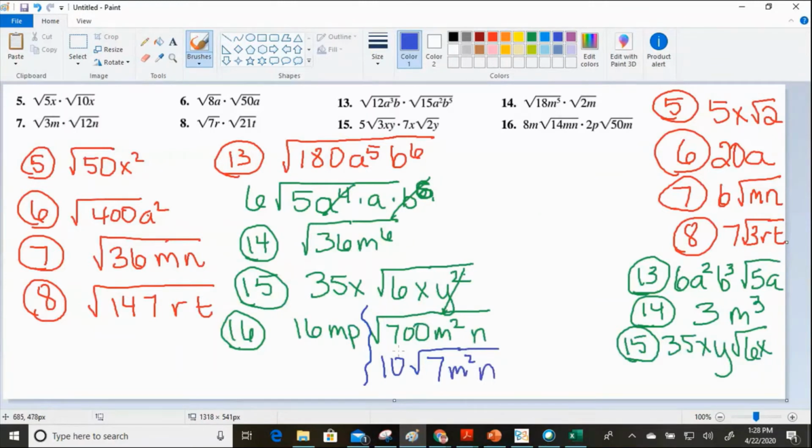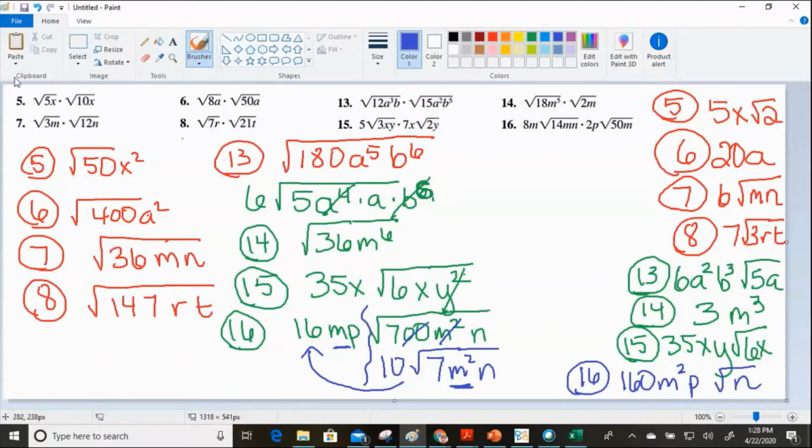Don't forget this outside 10 has to multiply by the 16 that you already had to begin with. So on the outside, I have 160. If I pull out my M squared, I have 1m times the m that was there, so that gives me M squared. I still have a 7, so I've taken care of the 700. So all I'm left with on the inside is an n.